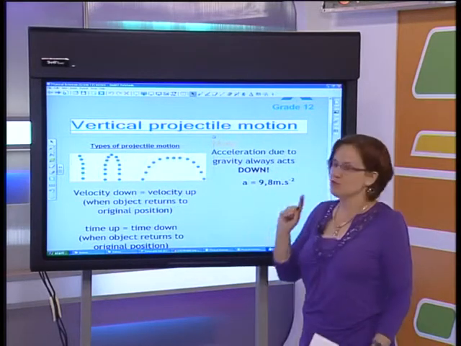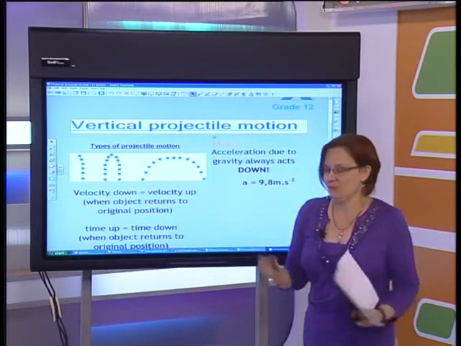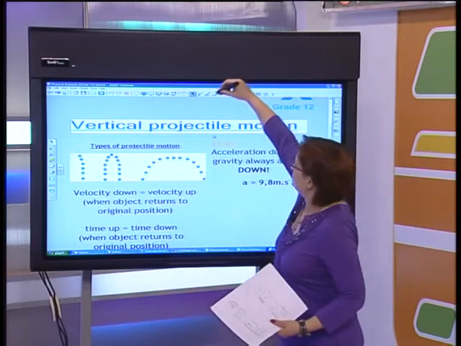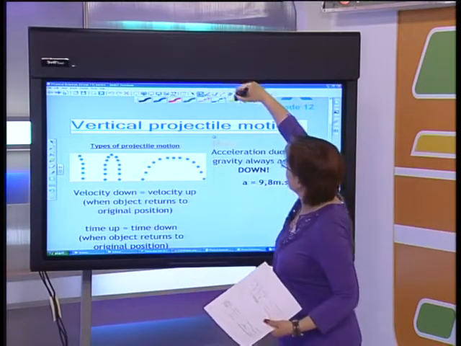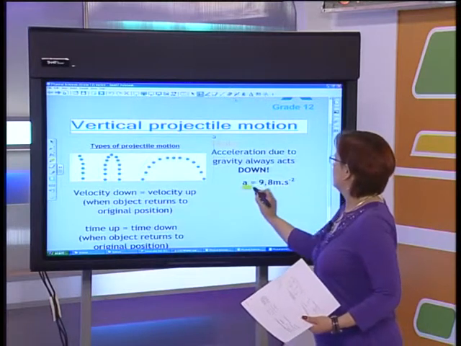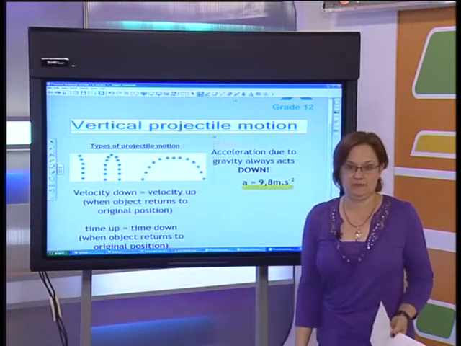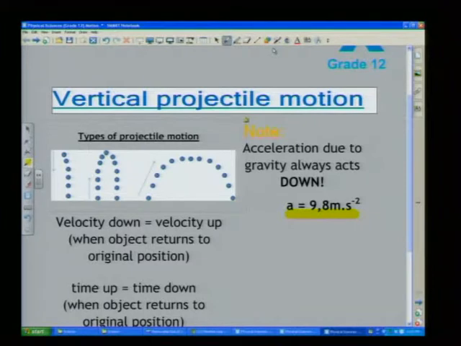What we need to remember, and I think this is the thing we forget, is that gravity, as we remember from grade 10, is 9.8 meters per second squared. Please remember that gravity always acts down. The best way to remember that is, if you jump up, which way do you go?